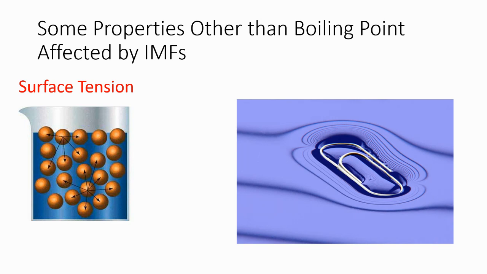I think the diagram on the left-hand side of this picture does a good job of explaining why. The orange spheres represent a simplified version of a water molecule. All of the water molecules on the interior of the beaker, for instance this one right here, are experiencing intermolecular forces in all directions.